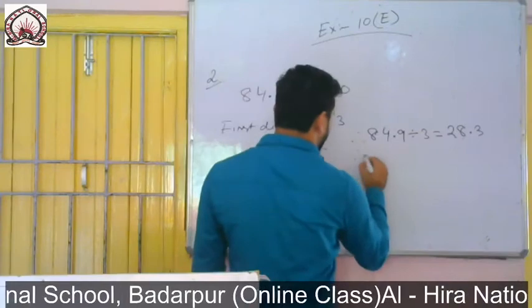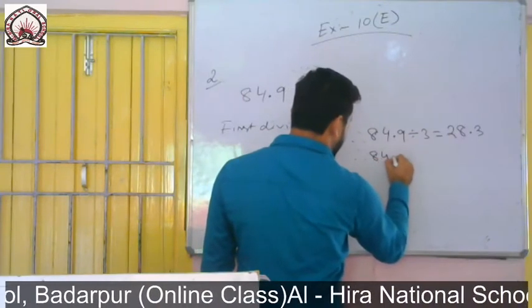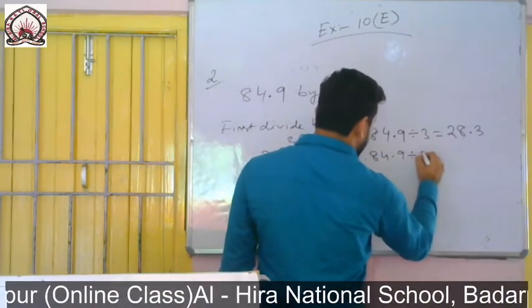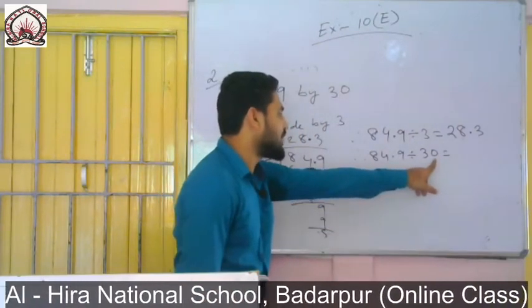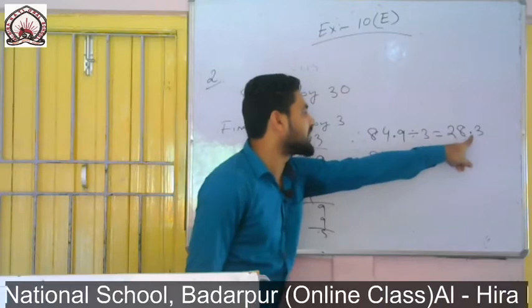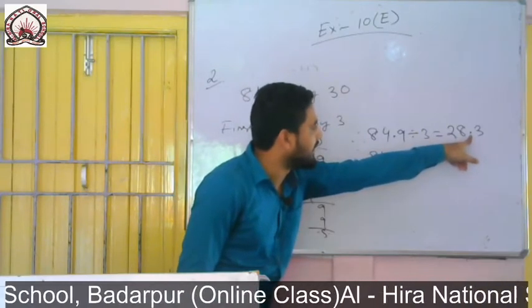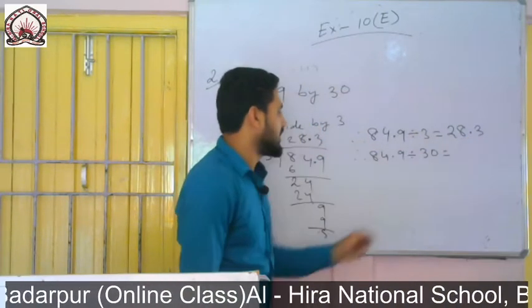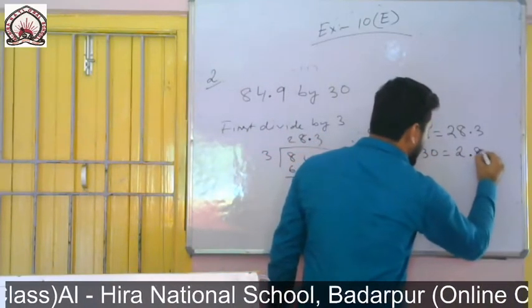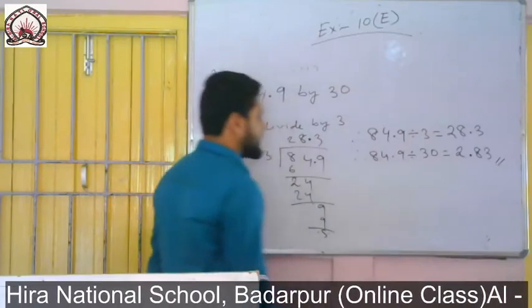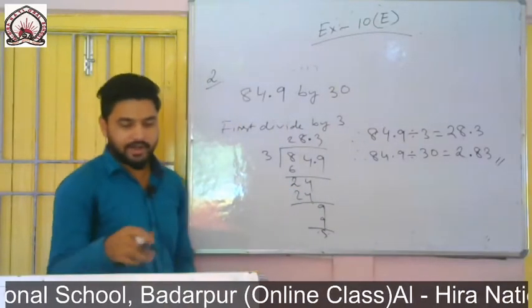Therefore 84.9 divided by 30 will be what? You see, in the divisor 10 is there, so you just move one place left as earlier, so it will become 2.83. Okay, that is the answer, 2.83.